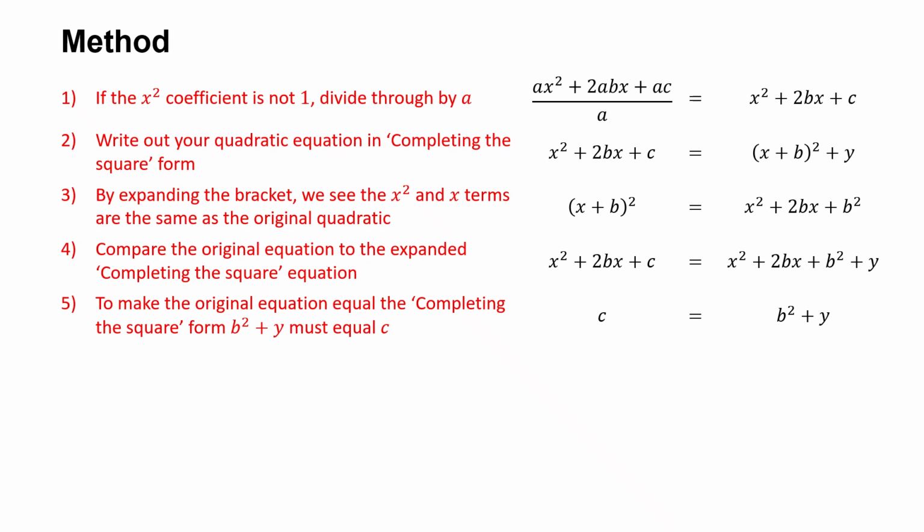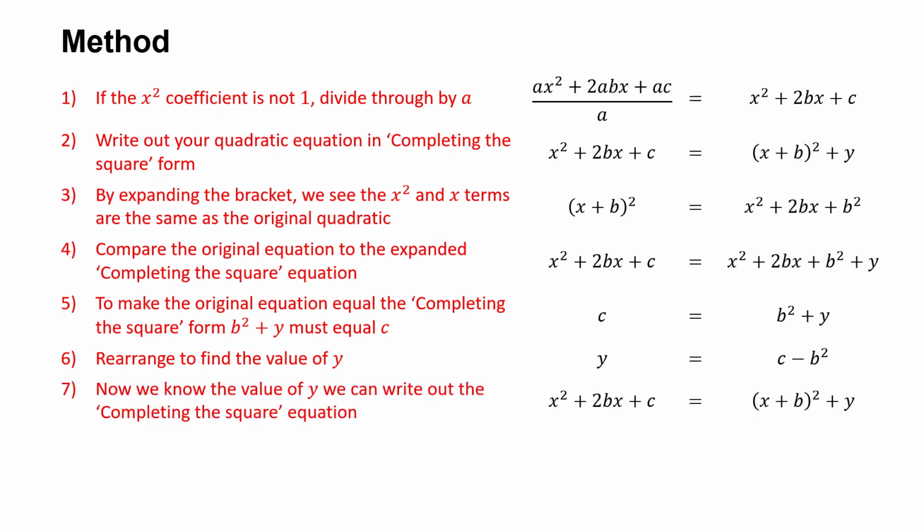So what we now need to do is find out what this y term is. To do this, we can simply rearrange. So we have that y is equal to c minus b squared. And obviously when you have a question, you'll know the values of c and b squared, so you'll get a value from this.